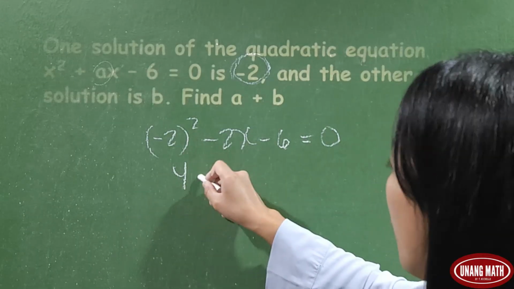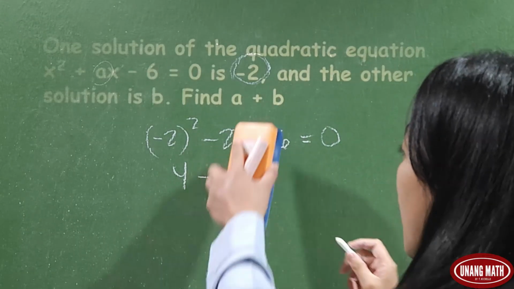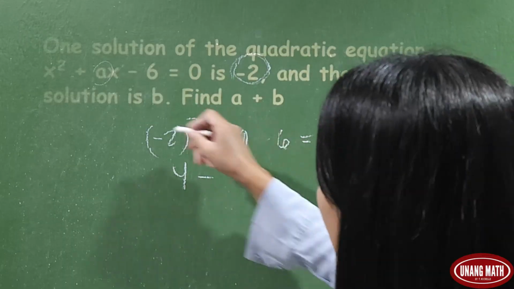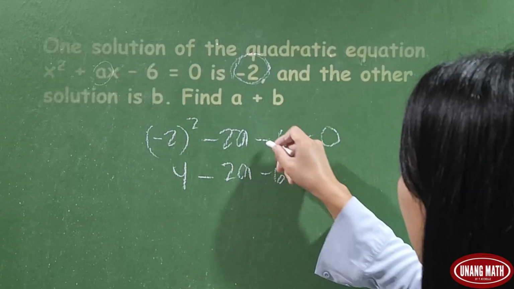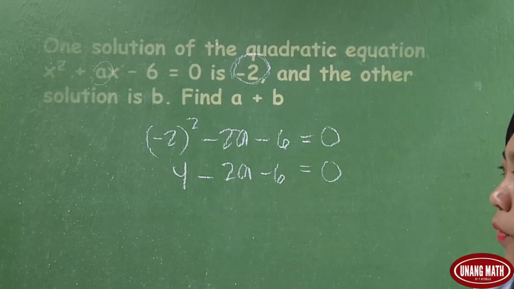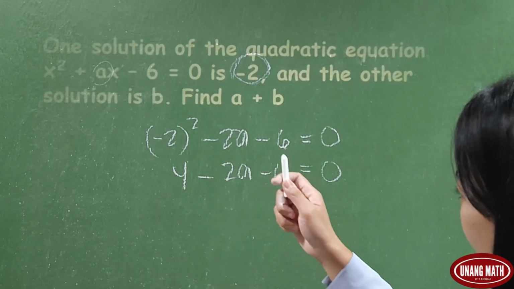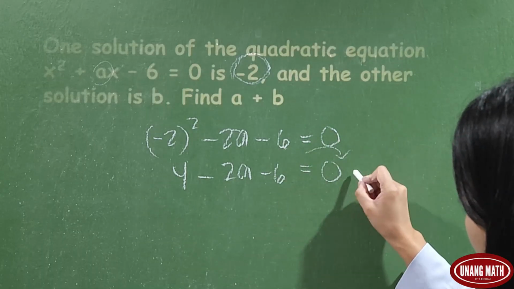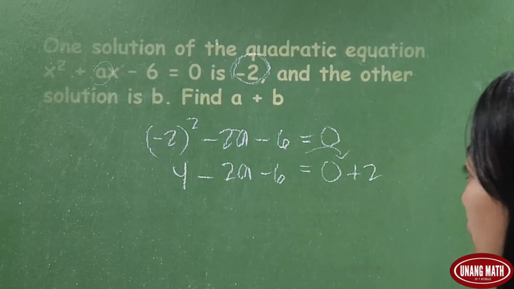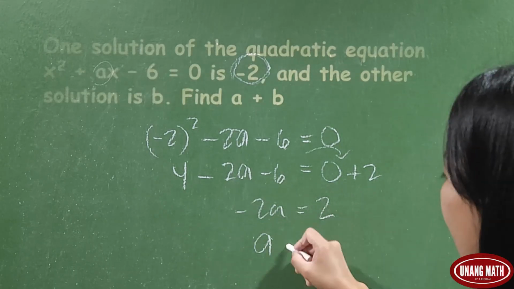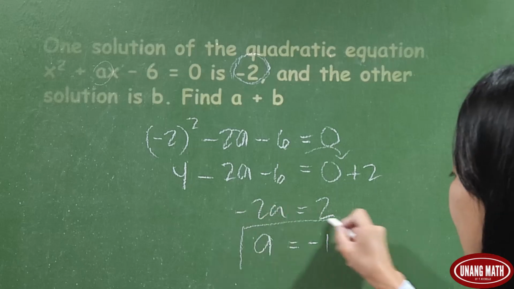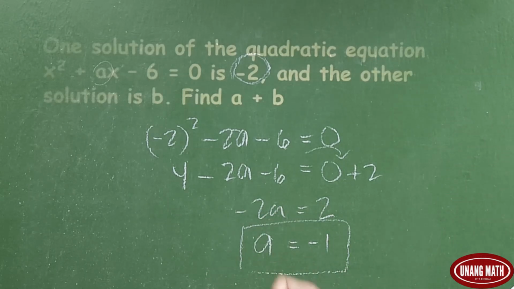So we have 4 minus, okay, this is a, 2a, minus 2a minus 6 is equal to 0. 4 minus 6 is negative 2, and we are going to move it to the other side. So this is plus 2. Negative 2a is 2, so it means a here is negative 1. Okay, now we found the value of a.